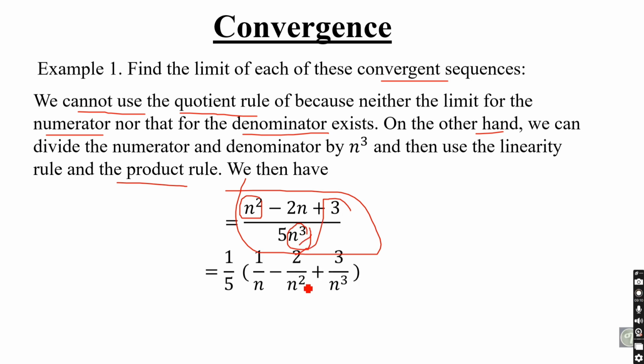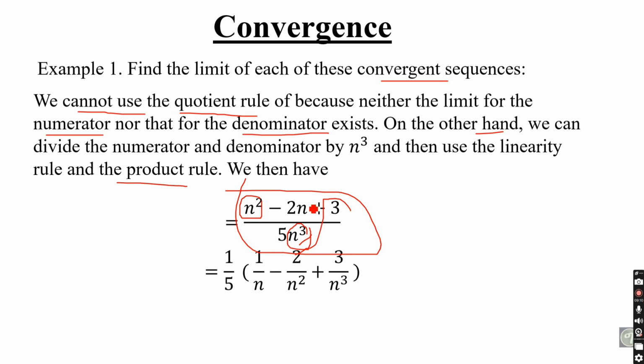When we simplify this, we will take out 1 over 5 as a common factor. So it is 1 over 5 times (1 over n, minus 2 over n squared, plus 3 over n cubed).